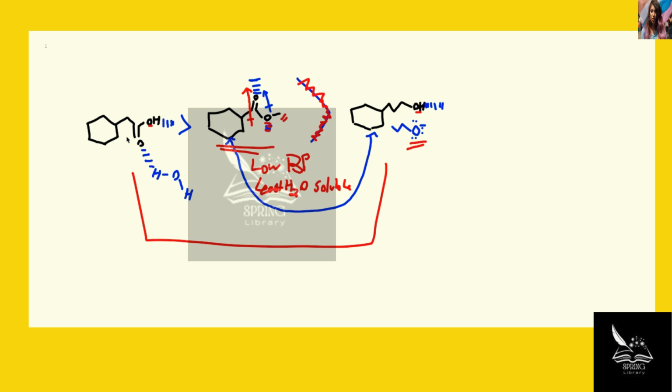The first one on the left can form 2 hydrogen bonds, while the one on the right can only form 1. Because the one on the left can form more hydrogen bonds, it's going to be more polar, have a higher boiling point, and be the most water soluble. So it's going to have the highest boiling point and be the most water soluble.